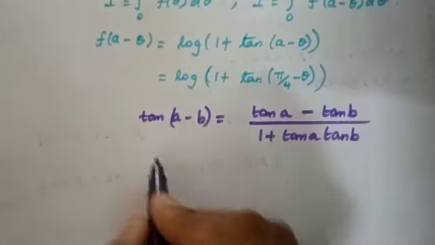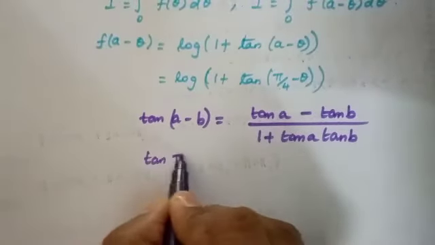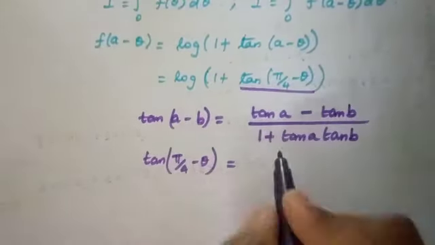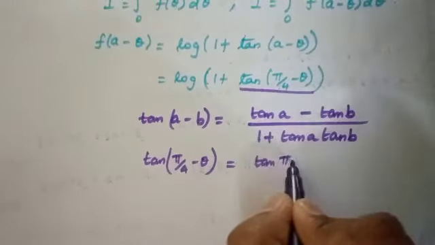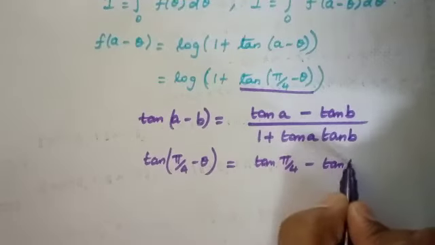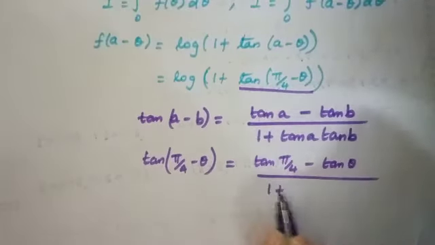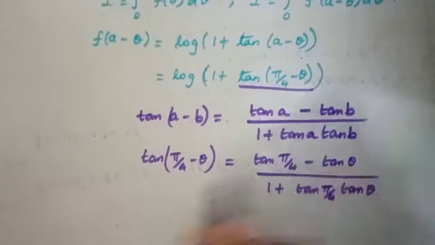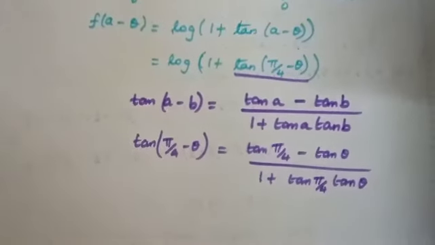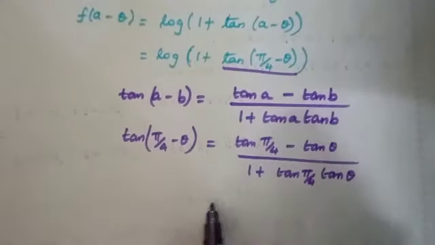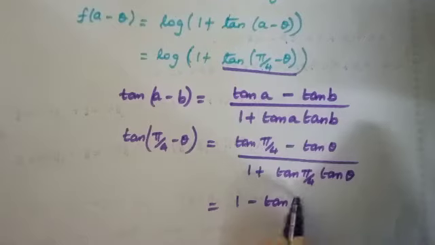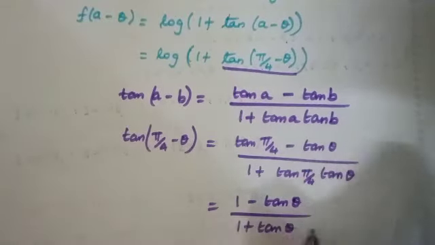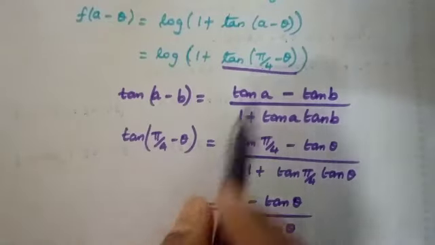So tan of pi by 4 minus theta is equal to tan pi by 4 minus tan theta divided by 1 plus tan pi by 4 into tan theta. The value of tan pi by 4 is 1. So you will get 1 minus tan theta divided by 1 plus tan theta as the value of tan of pi by 4 minus theta.